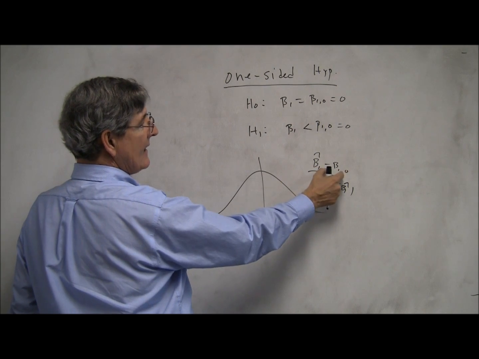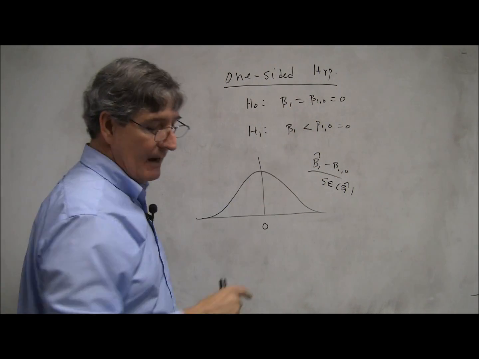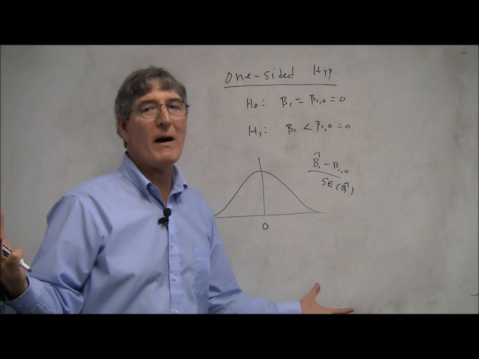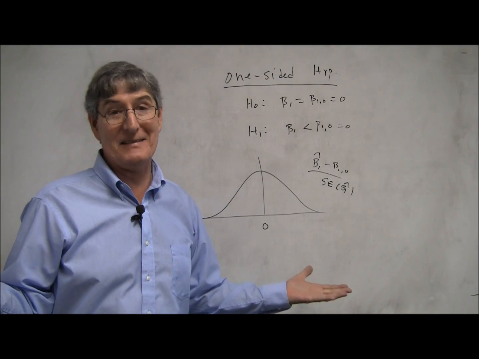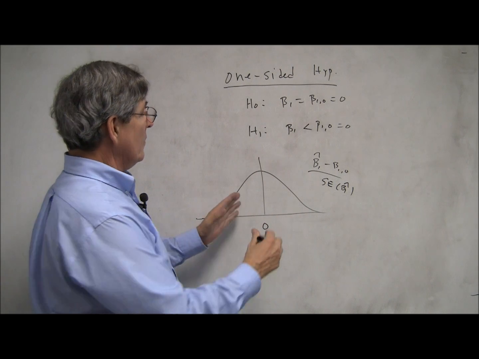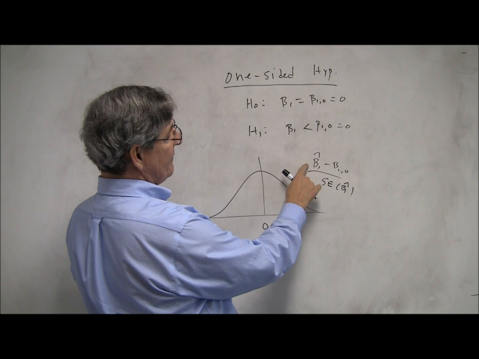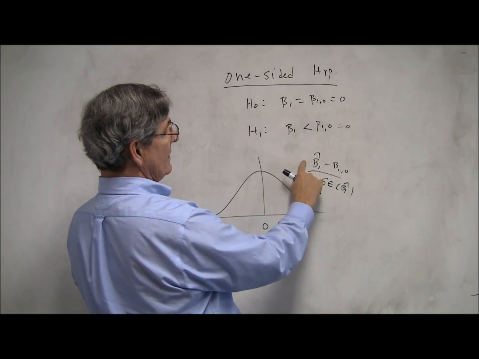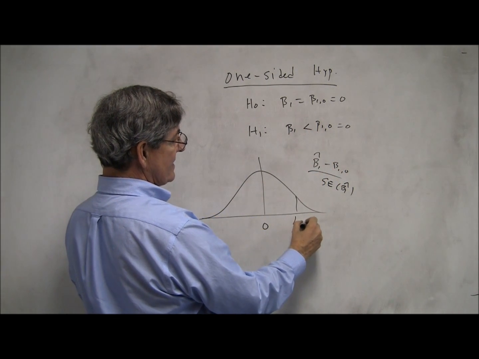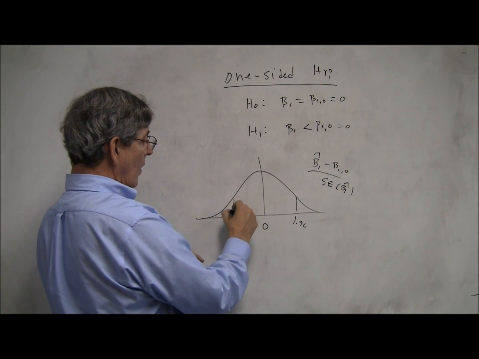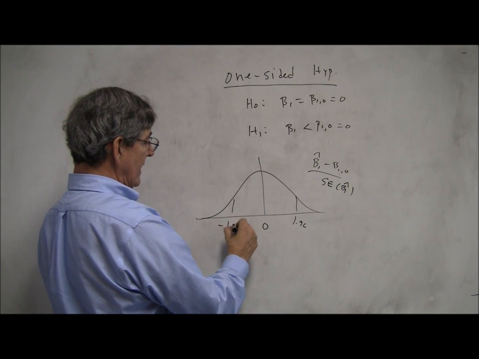If they're exactly equal, we're at 0. And we would never reject in that case because the estimated value would be exactly equal to the hypothesized value. When we're going to reject with a two-tailed test is if beta 1 hat gets too big relative to this. In fact, if the difference is greater than 1.96 once we normalize, or if the difference is minus 1.96.